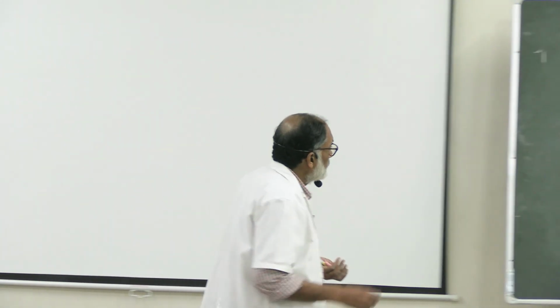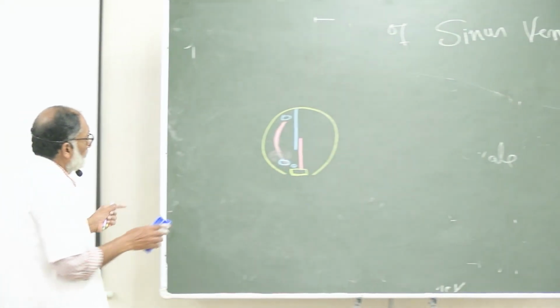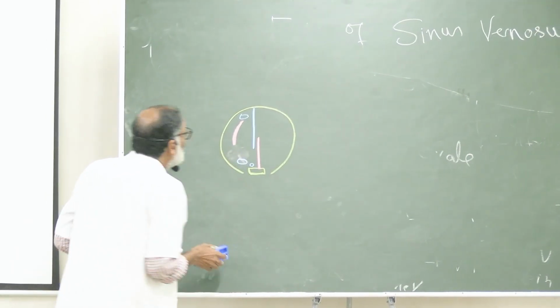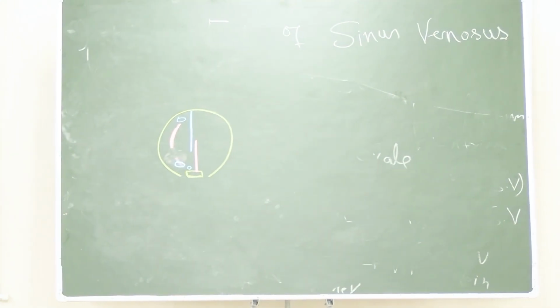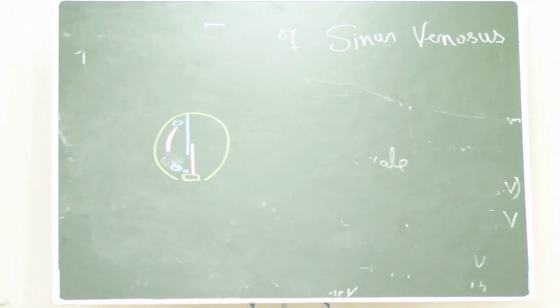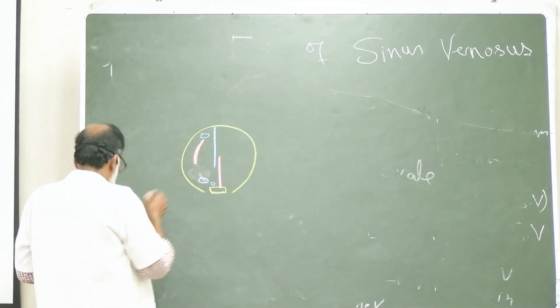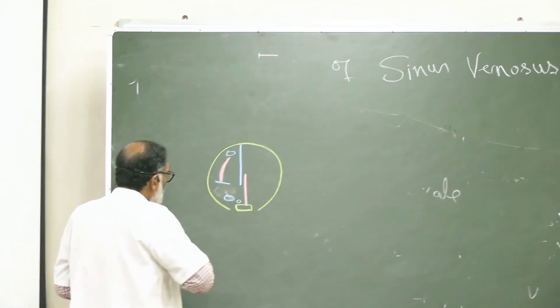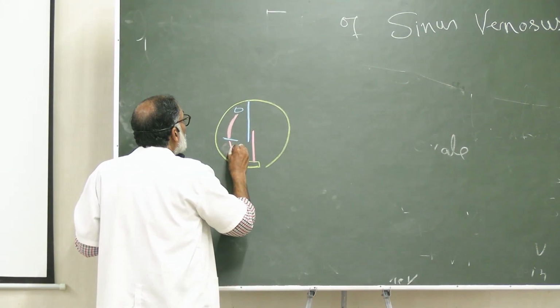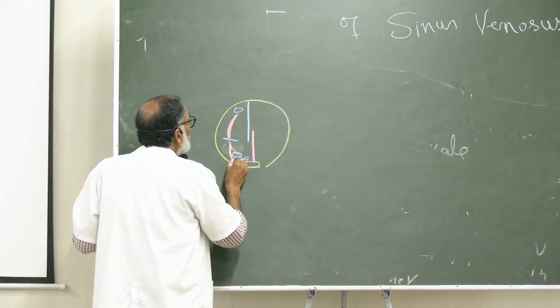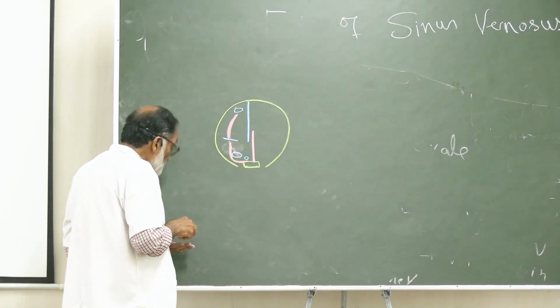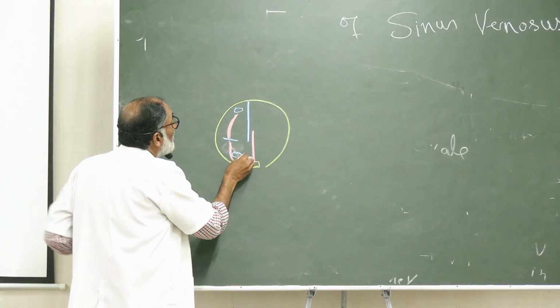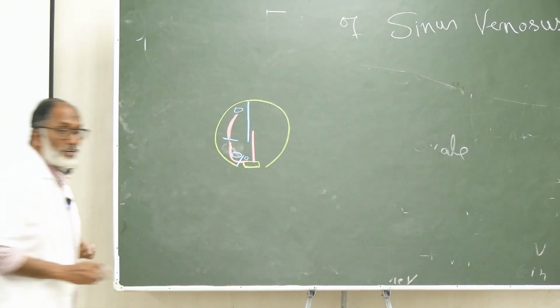Right? Now this right venous valve is divided into three parts by two bands.